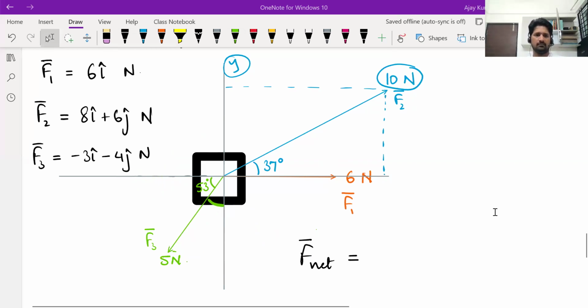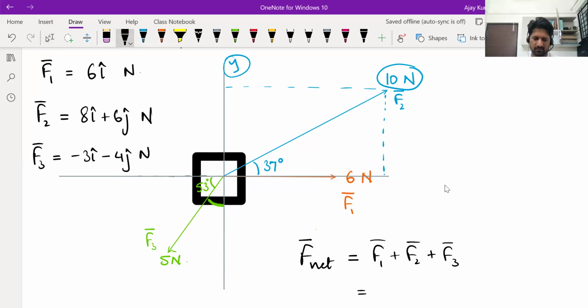Sir, 5i plus 2j. How did it become 5i? Sir, 8i minus 3i. Add all 3 forces, not 2. We want the sum of F1 plus F2 plus F3.